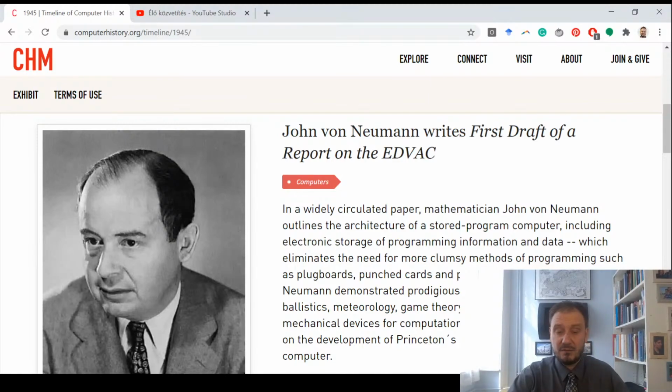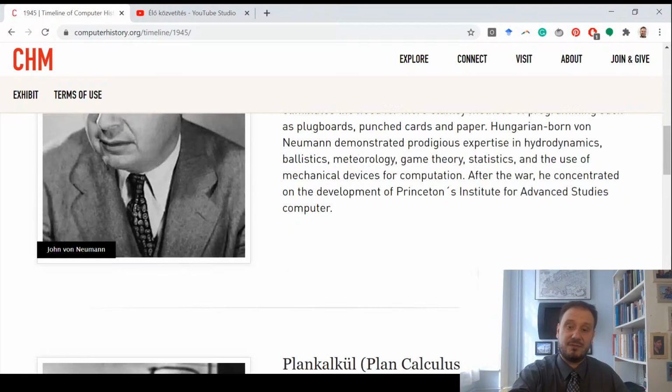Hungarian-born von Neumann János was a prodigy in hydrodynamics, ballistics, meteorology, game theory, and statistics, and he concentrated his work at Princeton's Institute for Advanced Studies.